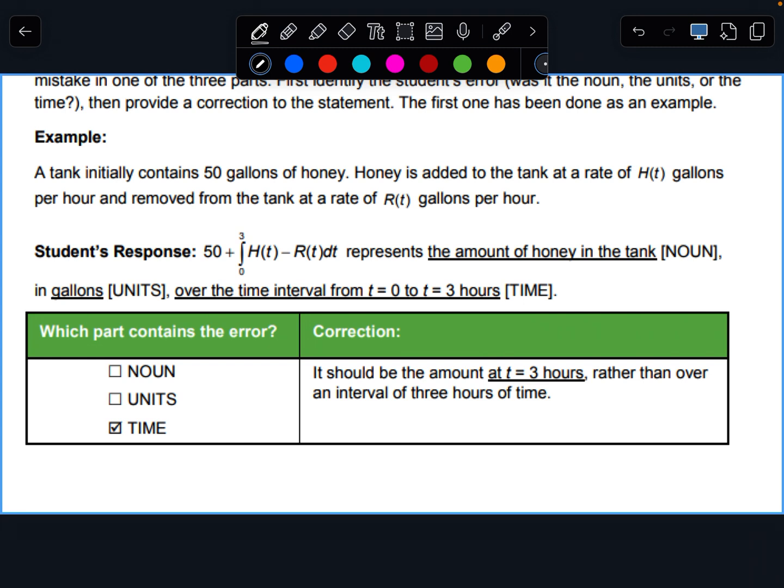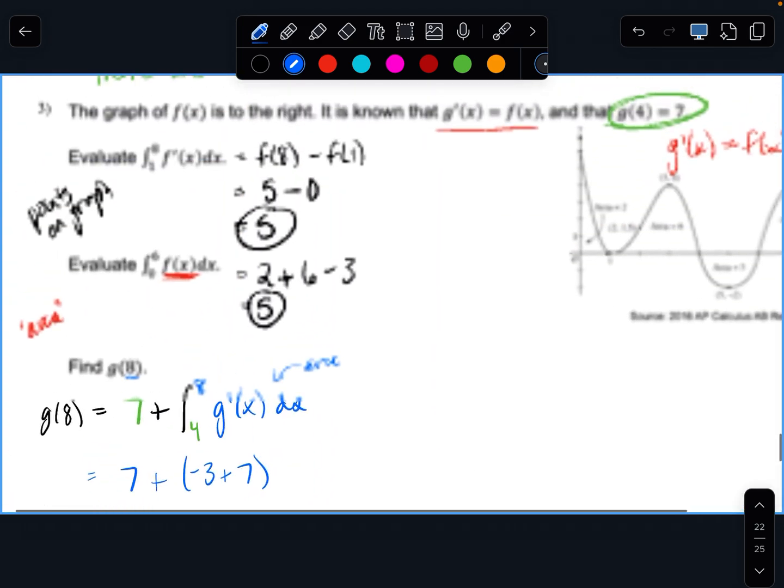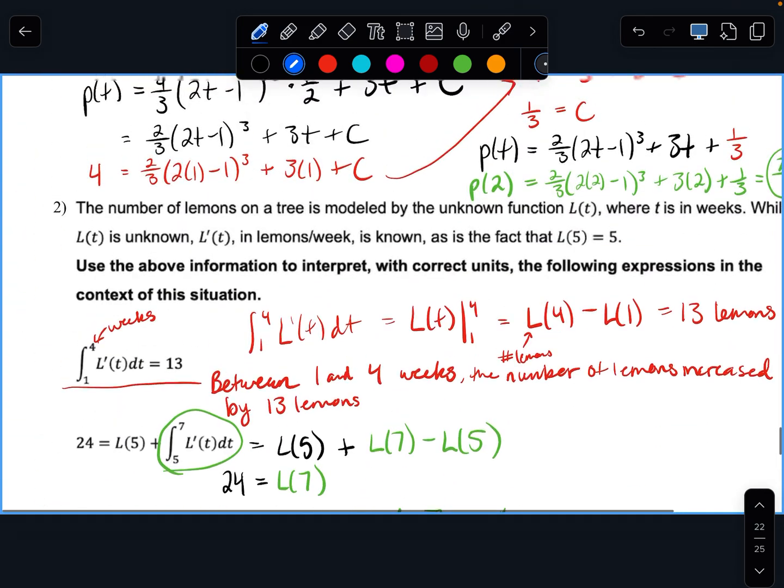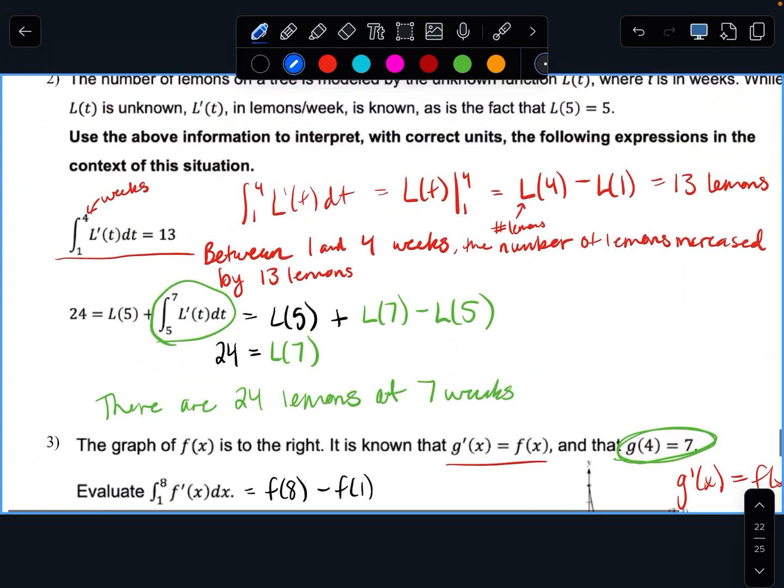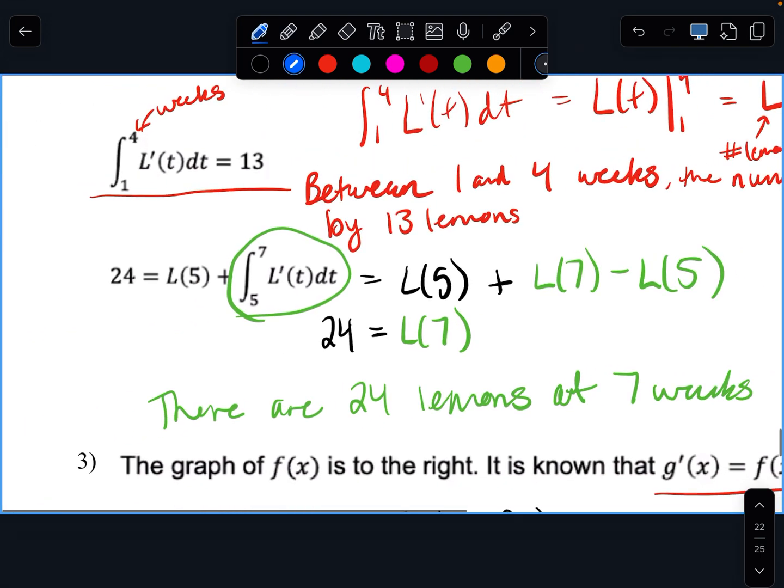The big idea here is they have this 50, which is the initial condition. Now remember, when you're integrating, you get rid of that initial condition at 0. It cancels out, like that lemons thing, where the 5 and the minus 5 canceled.